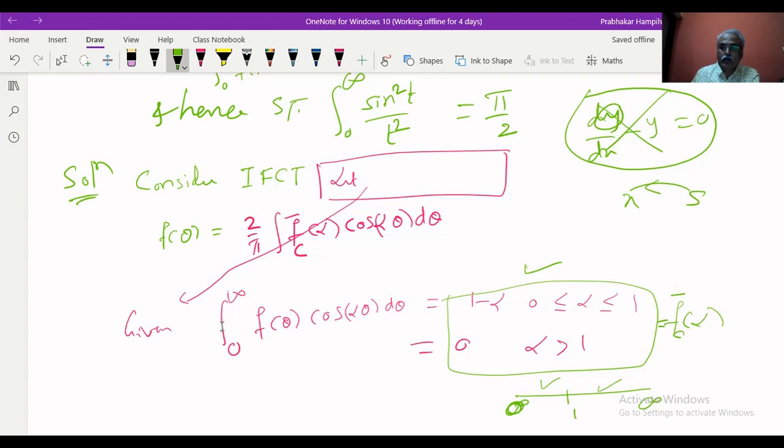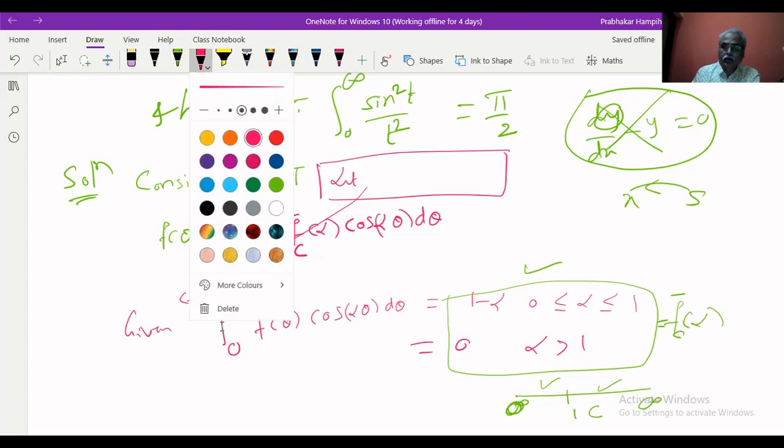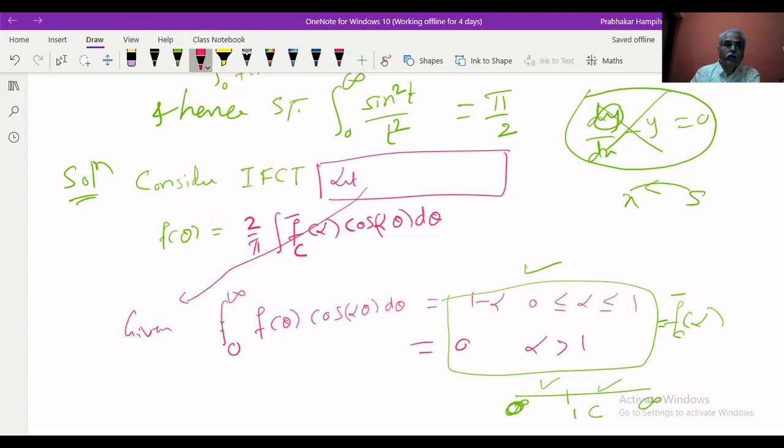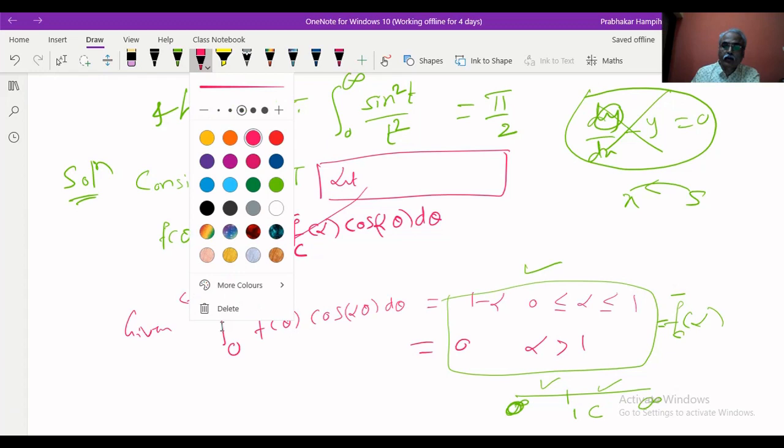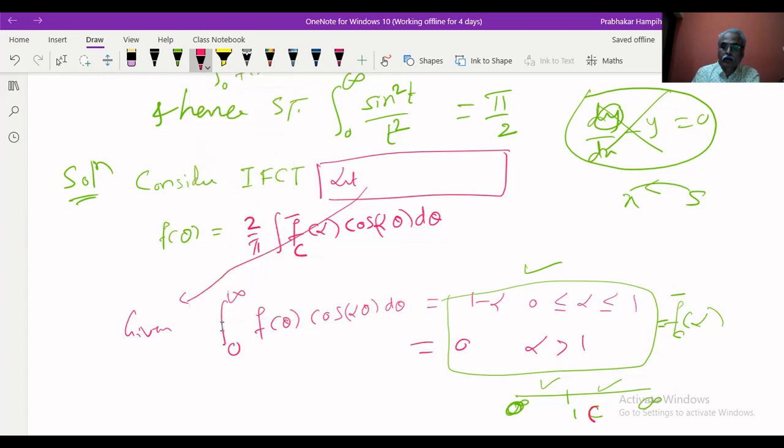For 1 to infinity this becomes 0, and the remaining part is 1 minus alpha. So we are trying to extract f of theta by the inverse Fourier cosine transformation, substituting the value 1 minus alpha in the range 0 to 1.